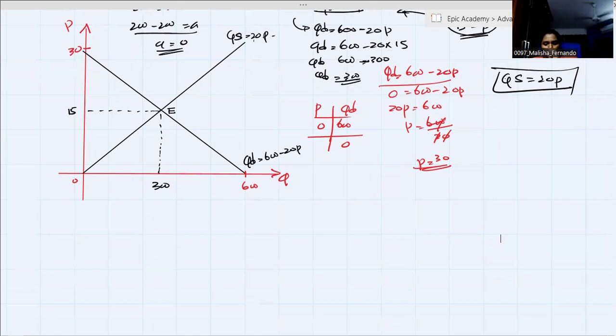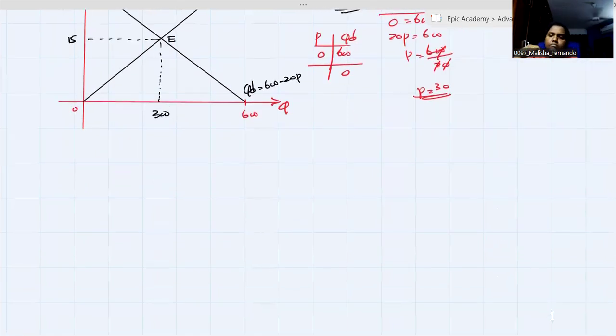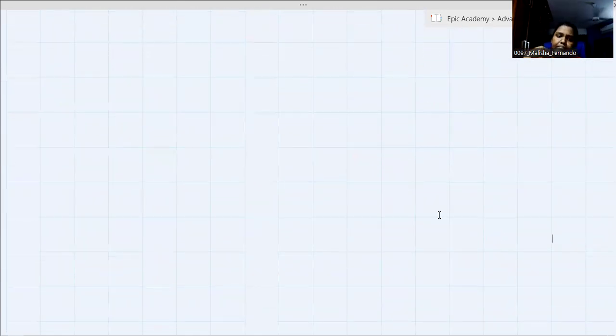Okay, that is why we call it an equilibrium. If there is no mutual agreement between sellers and buyers, there are no transactions. That's the most valuable thing. So then we can identify a few characteristics related to the market equilibrium position.